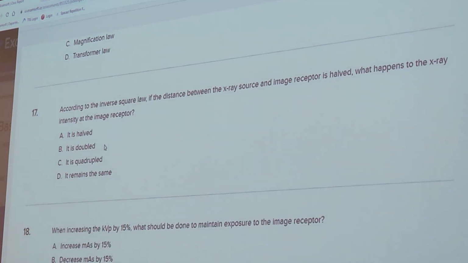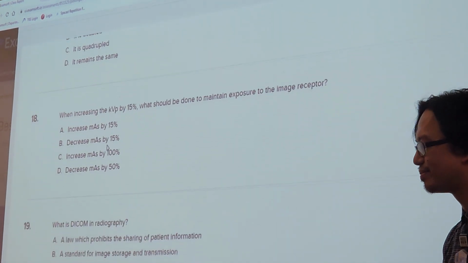According to the inverse square law, if the distance between the X-ray source and the image receptor is halved, what happens to the X-ray intensity at the image receptor? It's quadruple. Quadruple, right? Because with the inverse square law, anytime you go forward or backwards half, it multiplies by 4 or goes down by 4. I knew it was quadruple, but I fought myself on that.